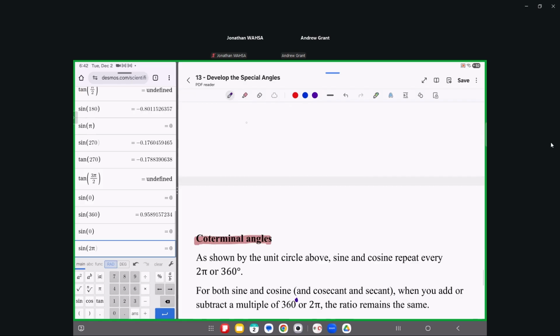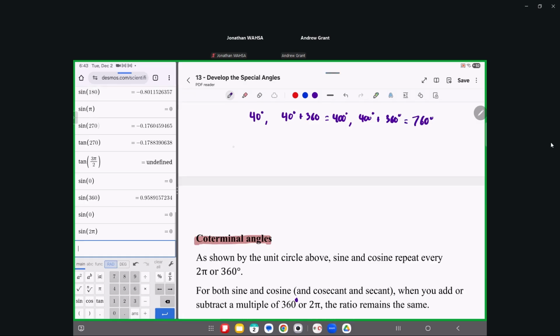So let's consider a 40-degree angle. If we take 40 plus 360 degrees, we get 400. And if we take 400 plus 360 degrees, we get 760. So what I'm telling you is that all three of those would be the same if we type in, say, cos of 40.